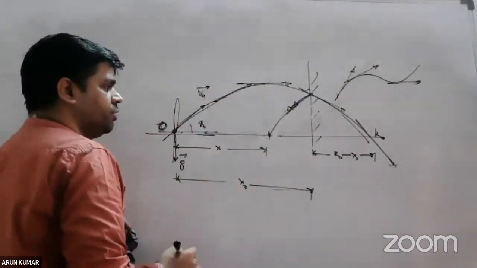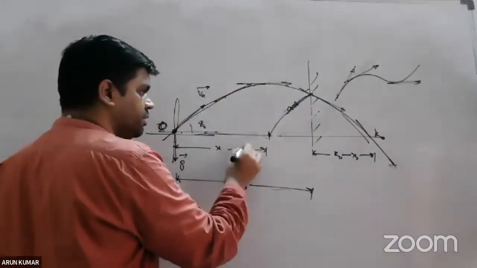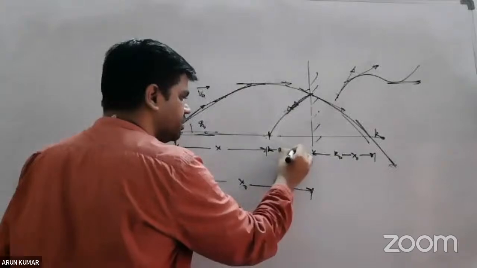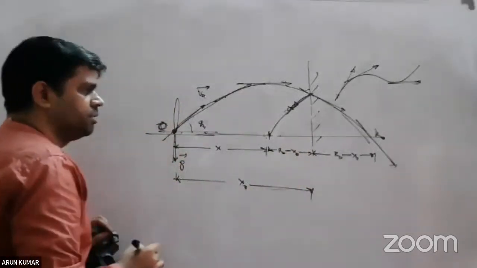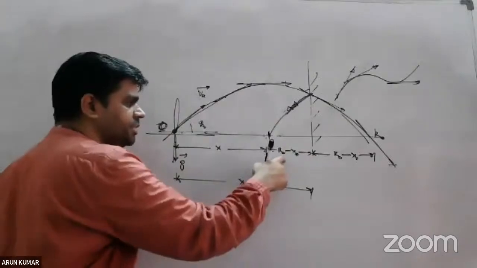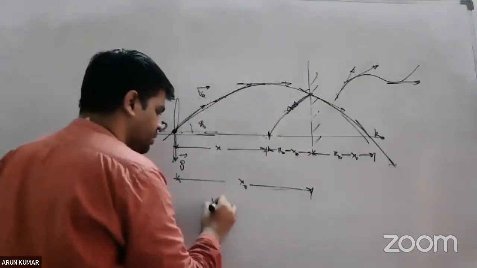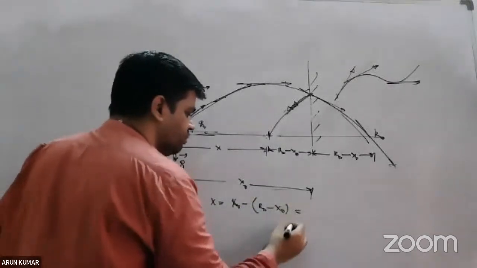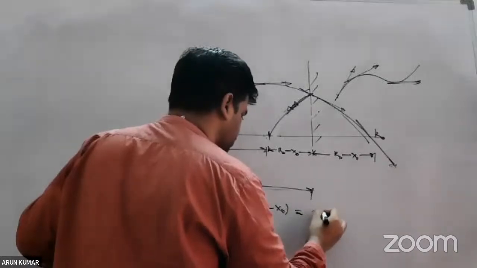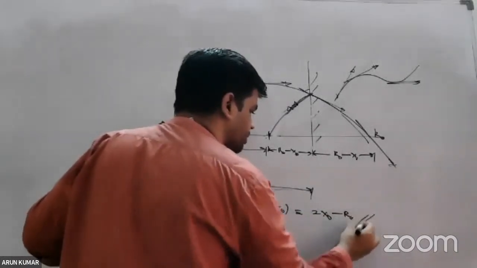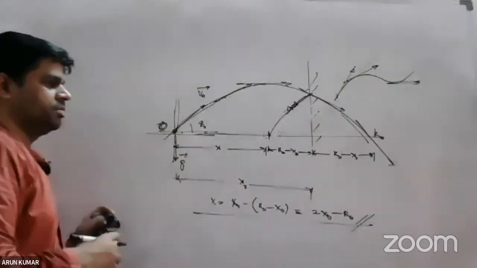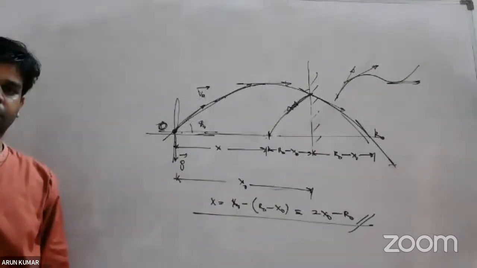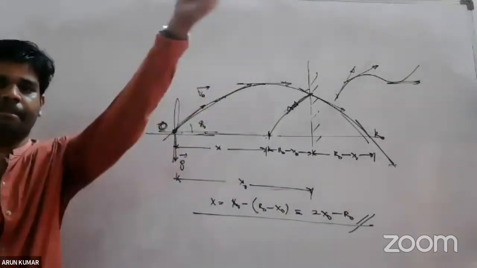Now what we need is x. This is also r naught minus x naught. So x is equal to x naught minus (r naught minus x naught), which is equal to 2x naught minus r naught. So I get x as 2x naught minus r naught. Understood?